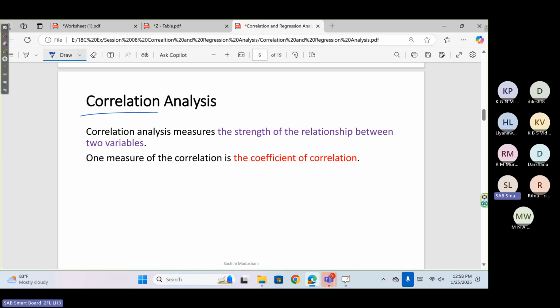Correlation means linear relationship. Using correlation analysis, we can identify the strength of the relationship between two variables. Here also, we can take only two variables, one independent and one dependent.